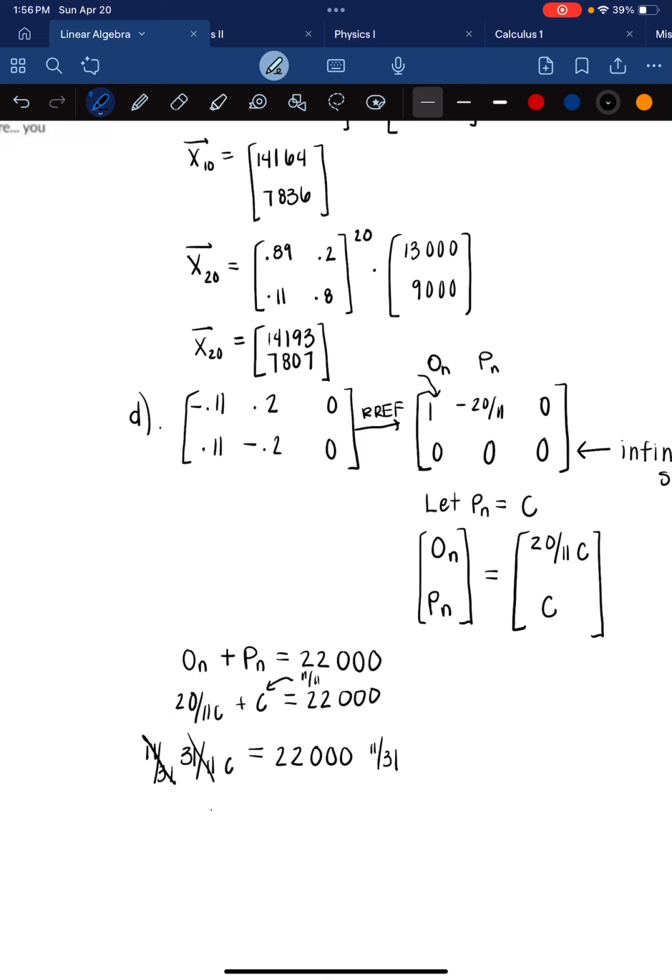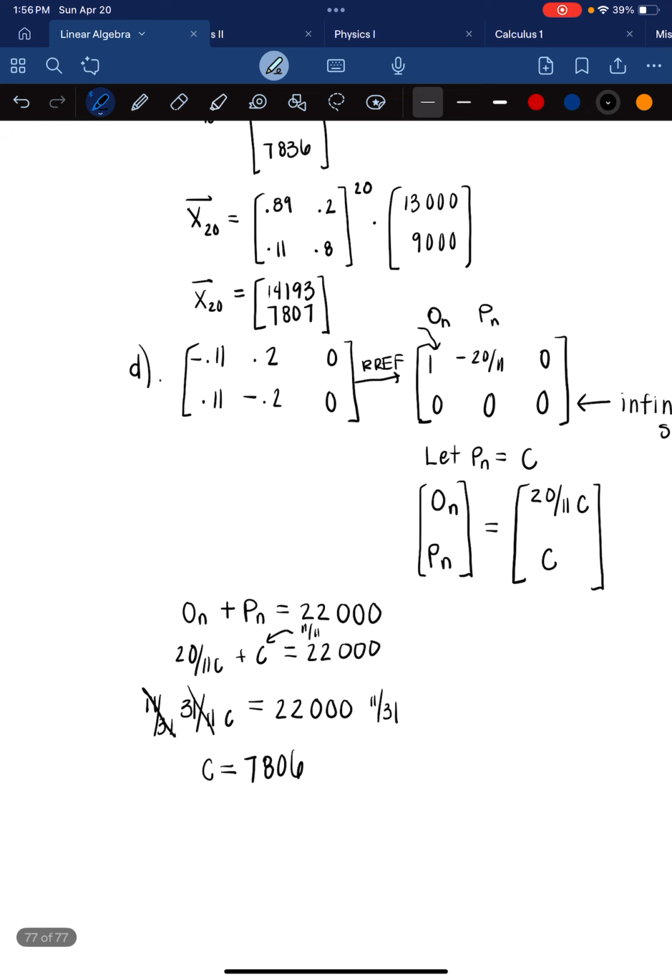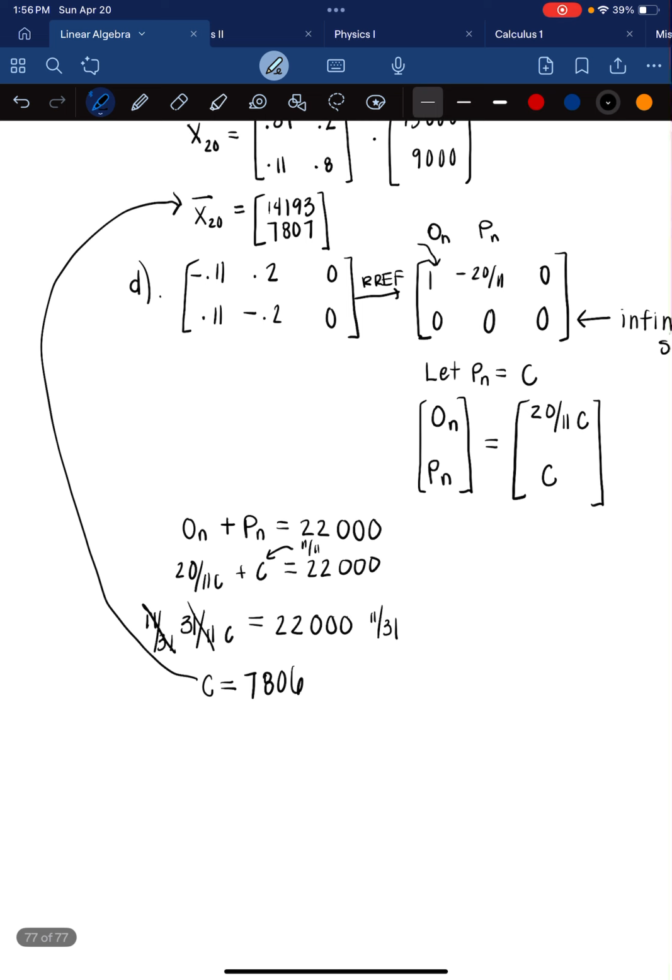And we get that C is equal to 7,806.5. We were really, really close to the steady state after 20 minutes of time, but it's going to take a little bit longer to get there.